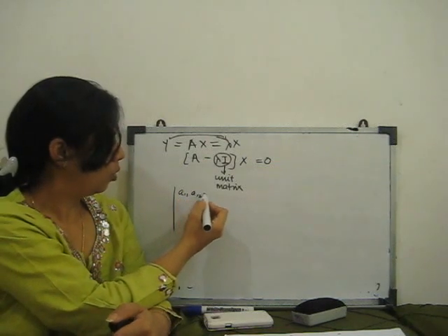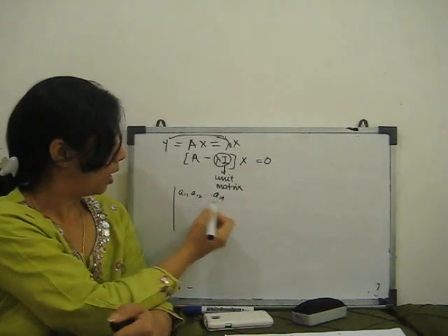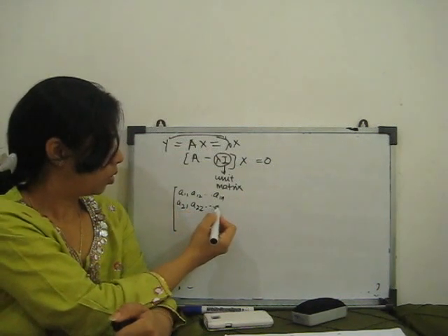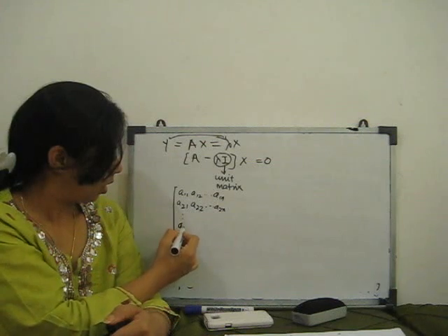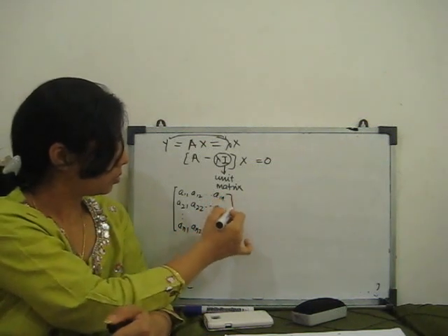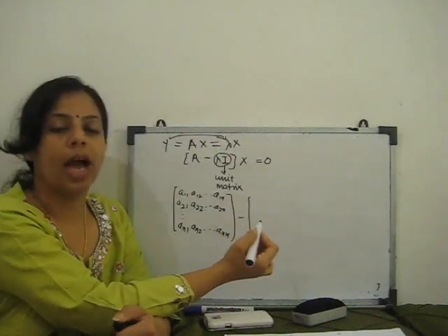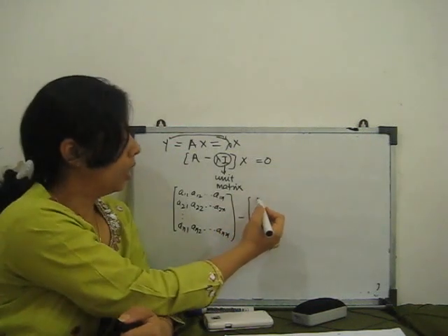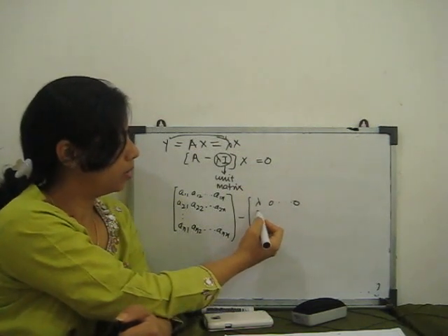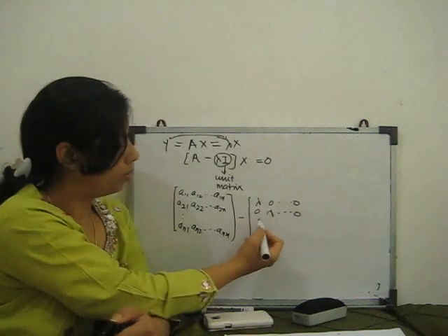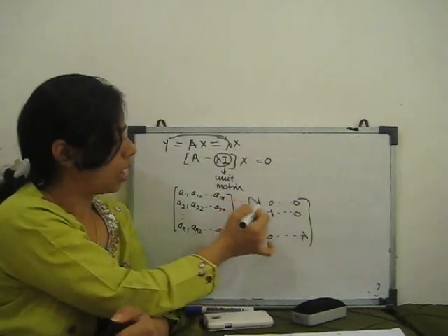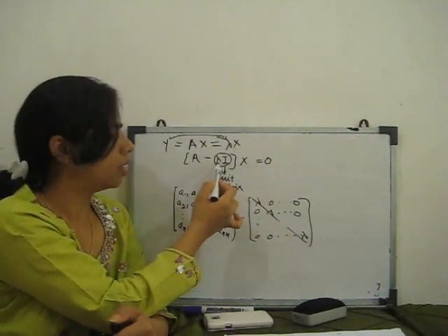So our corresponding matrix, when we write this: a11, a12 up to a1n, a21, a22, up to a2n, an1, up to ann, minus lambda I, where I is the unit matrix of order n. Lambda I is lambda, 0, up to 0, then 0, lambda, up to 0, then 0, 0, up to lambda, meaning the diagonal elements are all 1 multiplied by the scalar lambda.